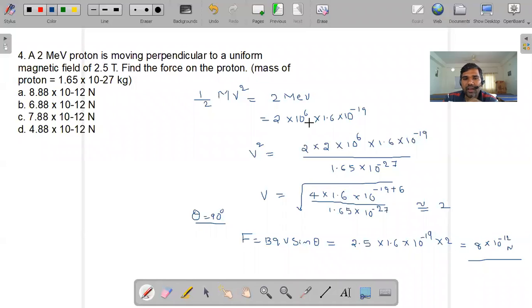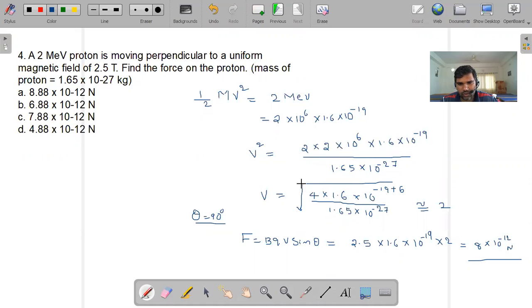Now 2 mega means 10 power 6. Charge of electron is 1.6 into 10 power minus 19, and m is the mass of the proton, 1.65 into 10 power minus 27. We cross multiplied and substituted here.